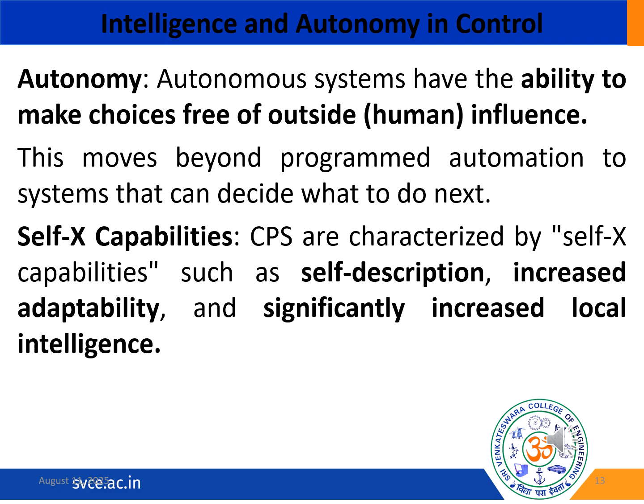Next, moving on to self-X capabilities. CPS are characterized by self-X capabilities. It represents self-description, increased adaptability, and significantly increases local intelligence. When you consider the industry sector, many industry sectors have achieved a high degree of automation in production processes.